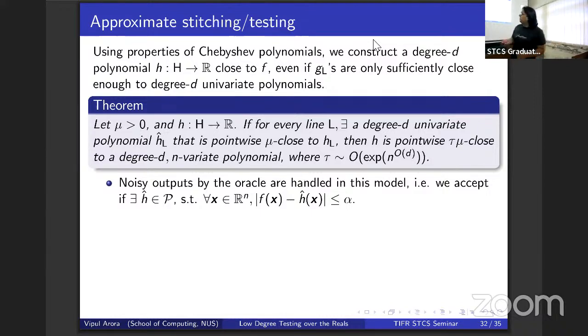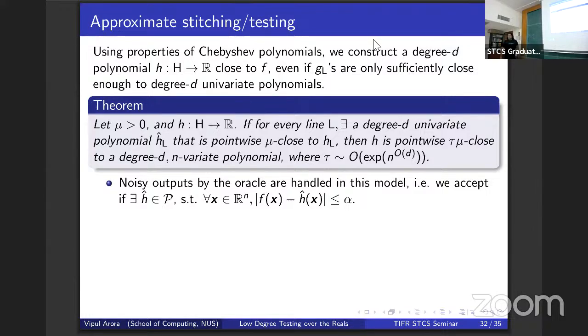So what we have is, for all points x in H, G minus our hidden polynomial H hat is at most this. Oh, this is happening because you are going from the univariate to the multivariate.